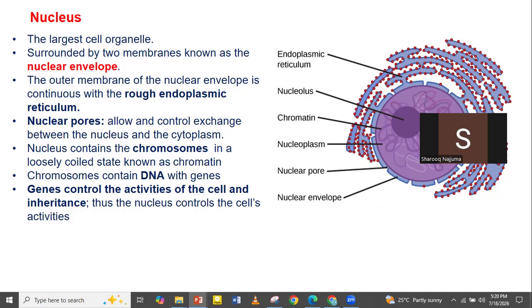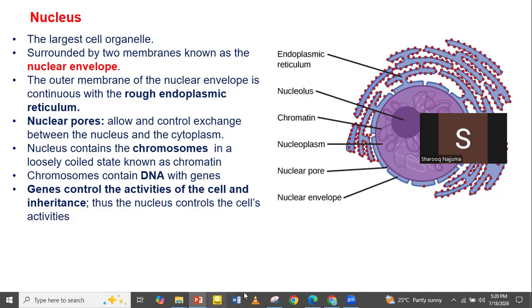But I don't want you to write in a paper that the nucleus is the brain of a cell. Obviously, no one will ever give you a mark if you write that. But just know that it's an organelle that controls cell activities.